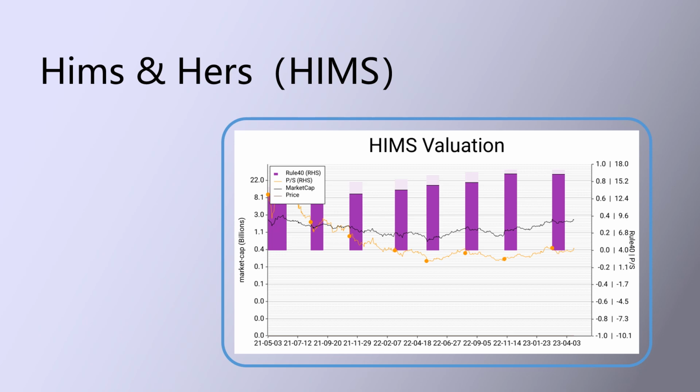Looking ahead to 2023, Hims and Hers is expected to continue to expand its product offerings and pursue partnerships with healthcare providers and insurers. However, the company will also need to navigate regulatory challenges and address concerns related to its marketing practices in order to maintain its growth trajectory.